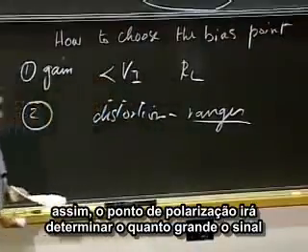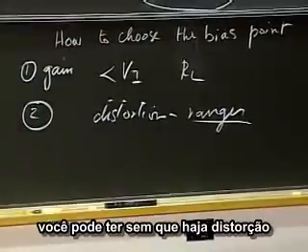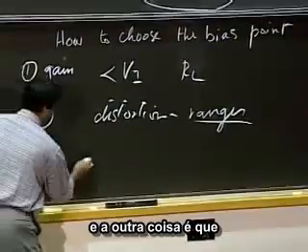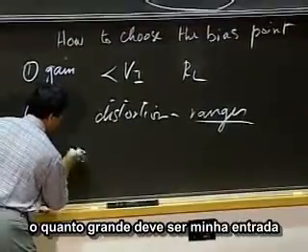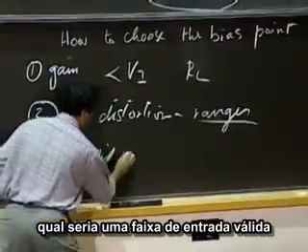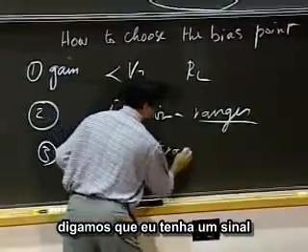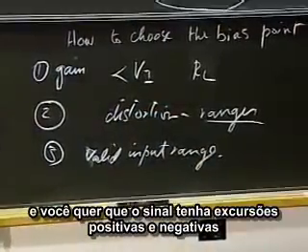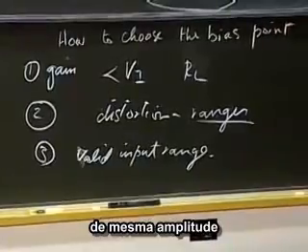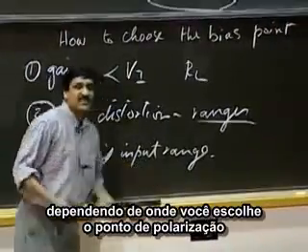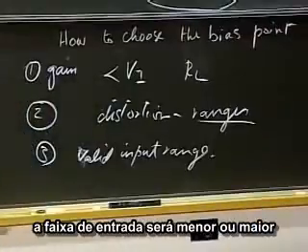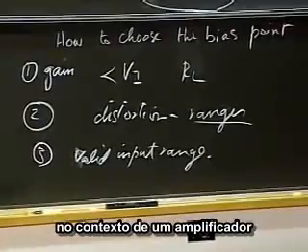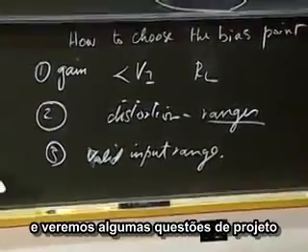So the bias point will determine how big of a signal you can send without getting too much distortion. The other thing relates to what's a valid input range. Let's say you have a signal, and you want that signal to have both positive and negative excursions of the same value. Then, depending on where you choose the bias point, your input range may become smaller or larger. We'll go through these in the context of our amplifier and look at some design issues in the next lecture.